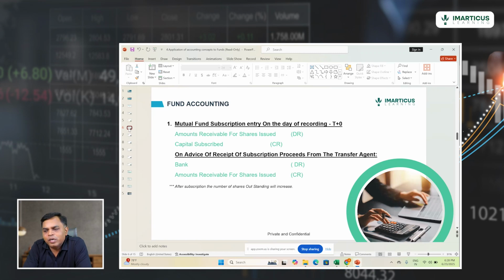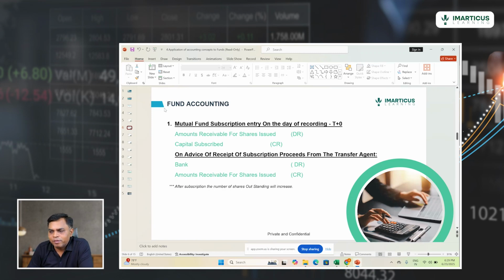Now what are the entries typically when mutual funds or hedge funds receive subscriptions? Subscriptions are received on a T+1 basis or a T+2 basis depending on the market they are operating in. In some markets subscriptions are settled on a T+1 basis and in some markets on a T+2 basis.